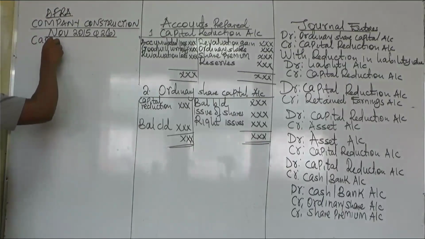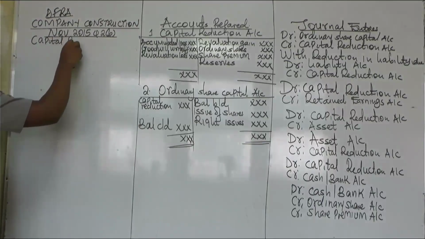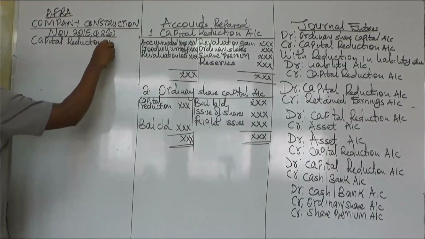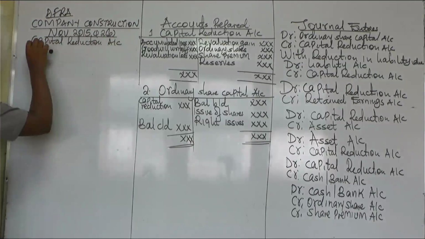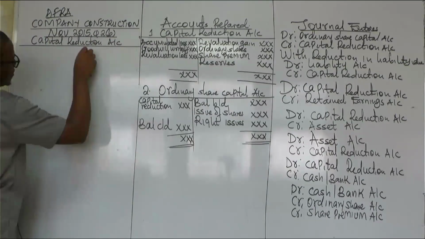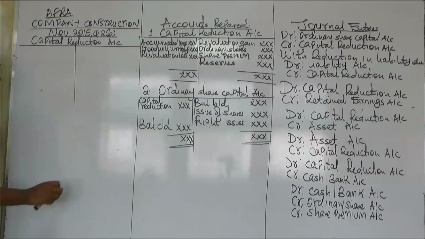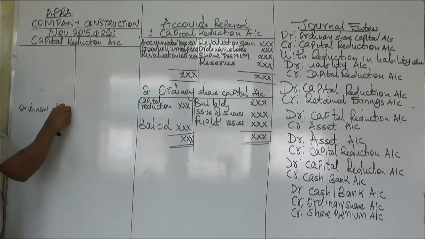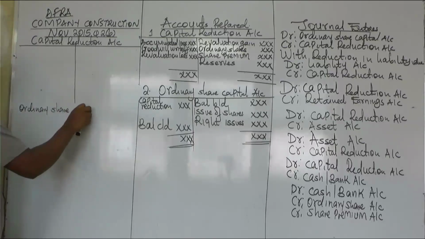Let me begin with the capital reduction. I'll have the capital reduction account, and I will also need to have the ordinary share capital.